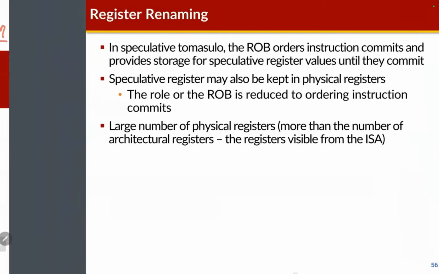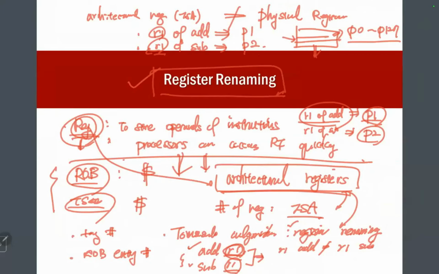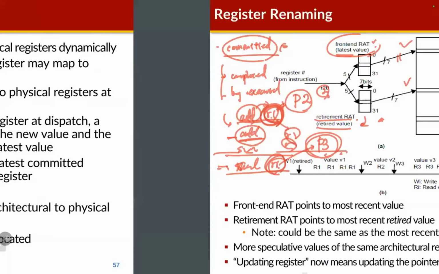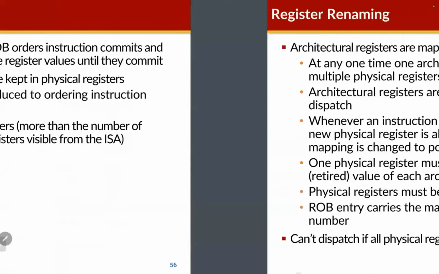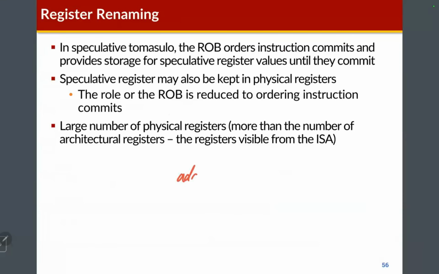So we can apply register renaming. In register renaming, every register data is stored in a physical register, but the size of the physical register file is larger than the architectural register file. Which means that we can store more data, like add X1 and then sub X1.